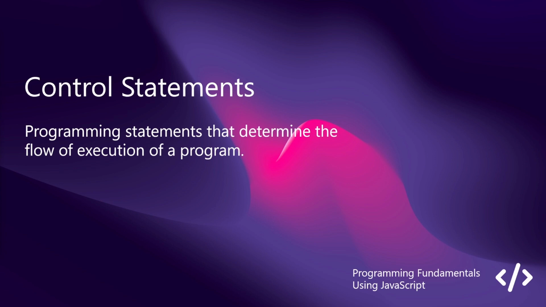From all the programs we've seen so far, the code is just executed from top to bottom, meaning the first code that comes gets executed and it moves on to the next and to the next, and as many lines of code as you have in your program will get executed. But with control statements, we're saying there's a way we can determine what code should get executed and what code should not get executed.